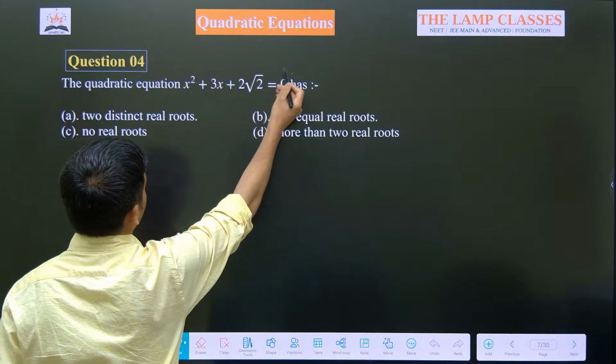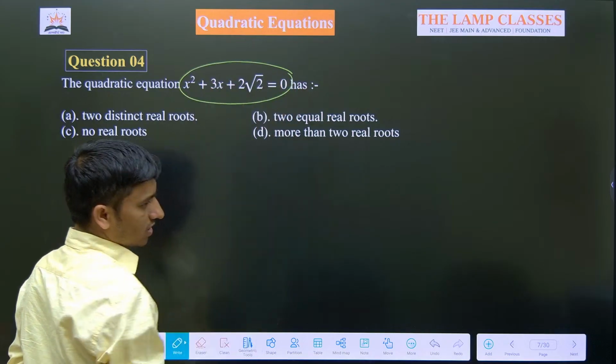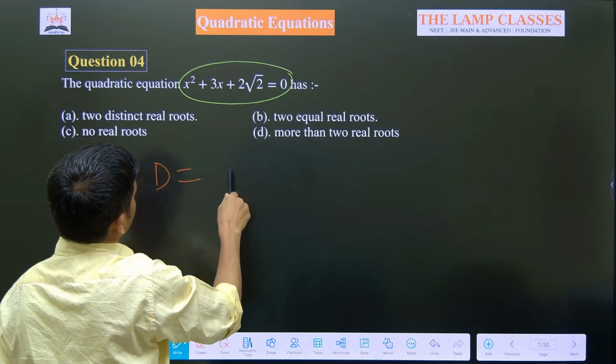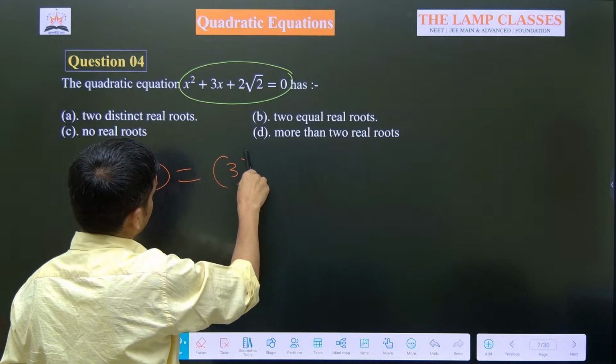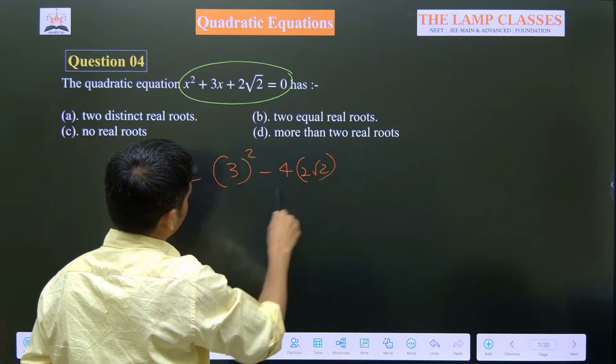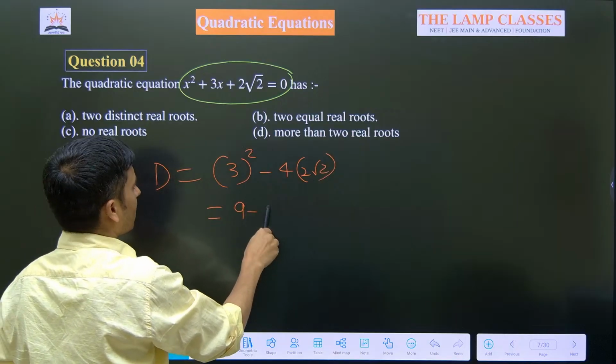Only the discriminant will tell you the nature of the solution, right? So calculate the discriminant. Discriminant is b square minus 4ac, right? So 3 square minus 4 into 2 root 2. That's 9 minus 8 root 2.